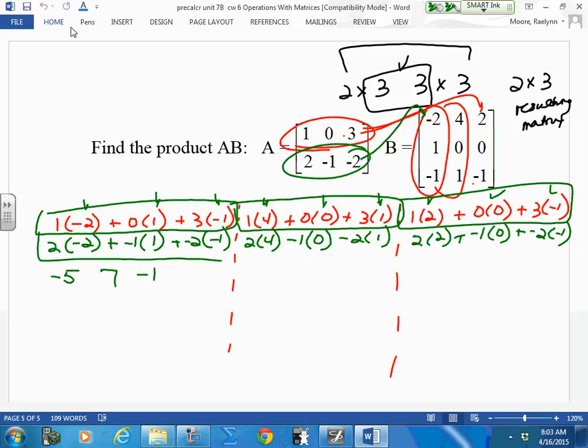Work on this one. Negative 3. There's my resulting matrix.